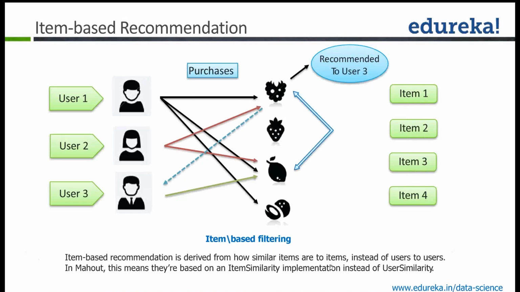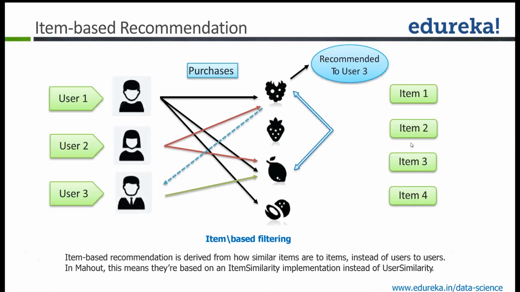As it says concisely here, item-based recommendation is derived from how similar items are to other items, instead of looking at the similarity between different users. In Mahout, all that means is that instead of taking a user similarity, you take an item similarity.